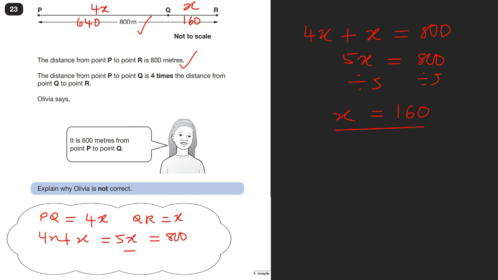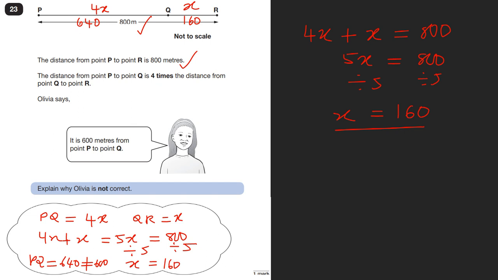You divide by 5, and you get the answer x equals 160. So P to Q is 640 but not 600, so not equal to 600, right? If you can write that in a sentence or something like that, that is the proper answer.